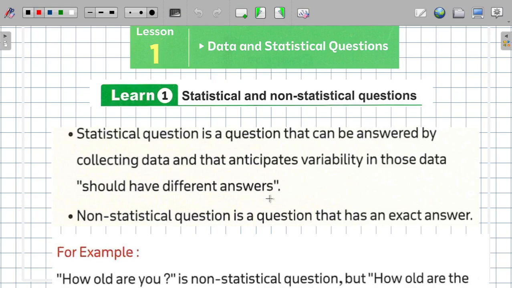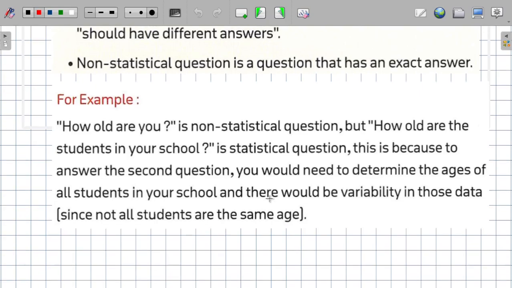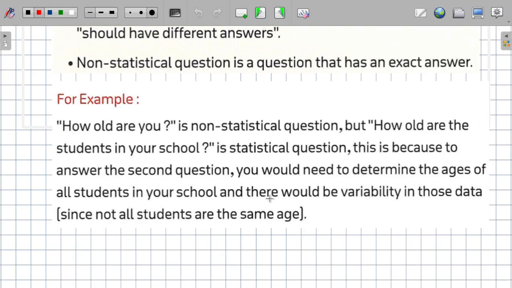So if I have an example like this, I have two questions. The first one is, how old are you? And the second question is, how old are the students in your school? The first question is a non-statistical question, but why?